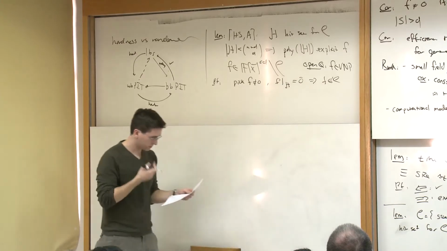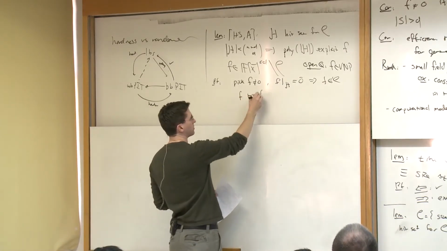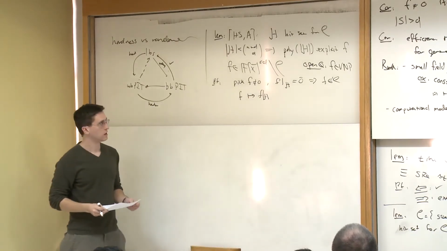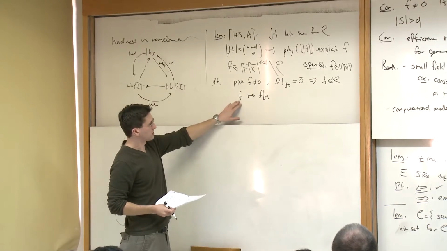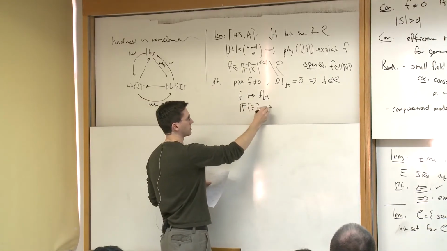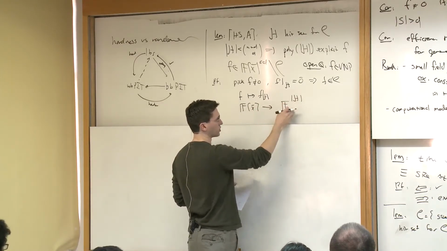Well, let's consider the map that takes f and maps it to f restricted to H. This takes our polynomial ring and maps it to a bunch of tuples, a bunch of evaluation points.